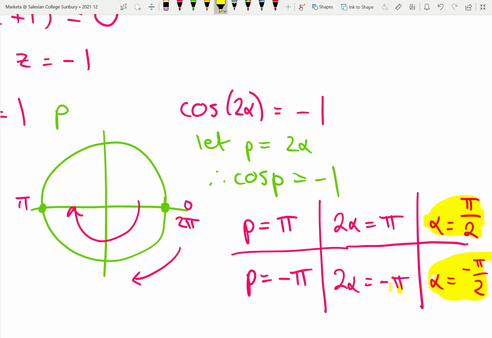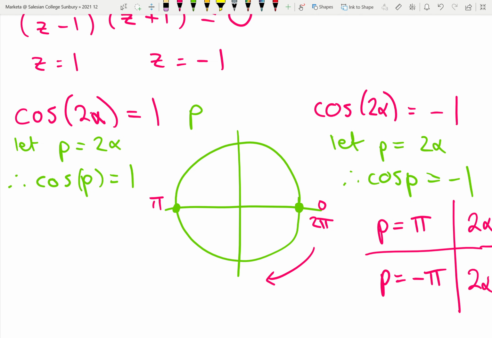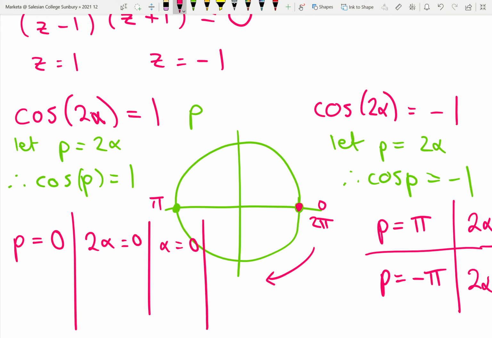Right, so now let's go around again and let's go on the other side for 1 this time. So I'm going to be here, talking about this one. At this point, our angle would be 0. So I'll say P equals 0. That would mean 2 alpha equals 0, and that means alpha equals 0 as well. So now I'm going to go there again.